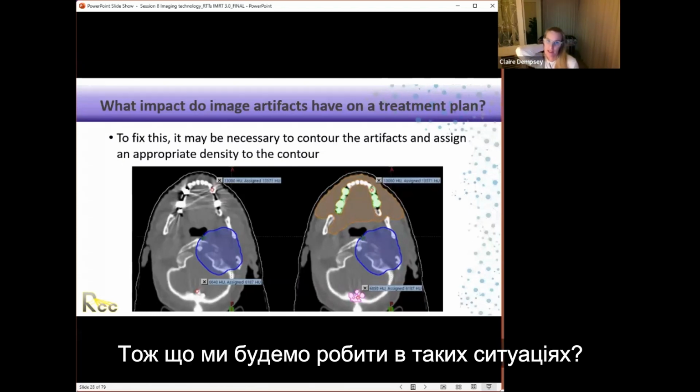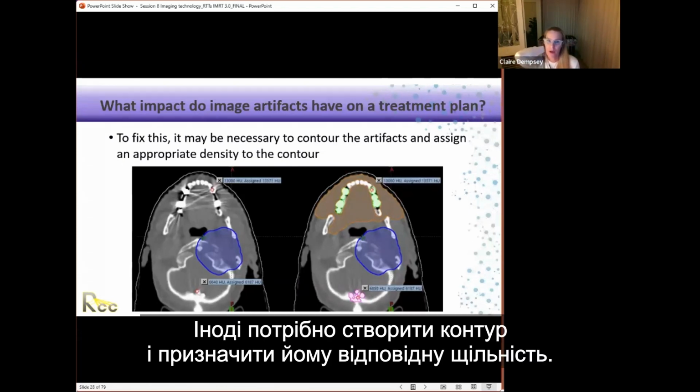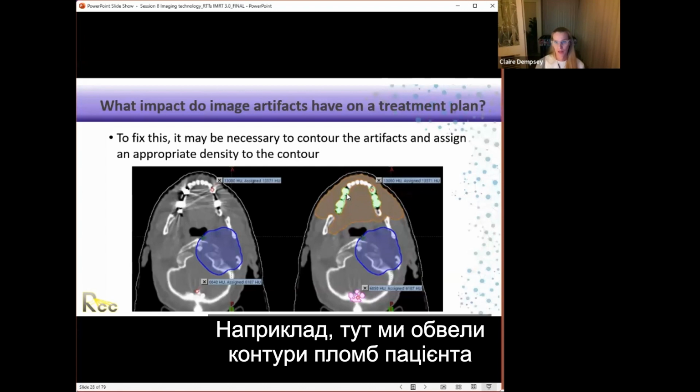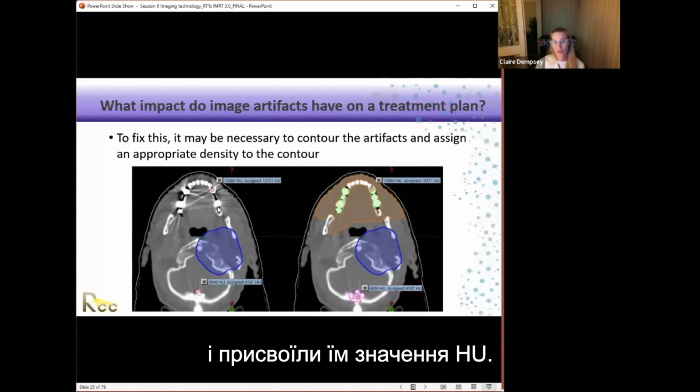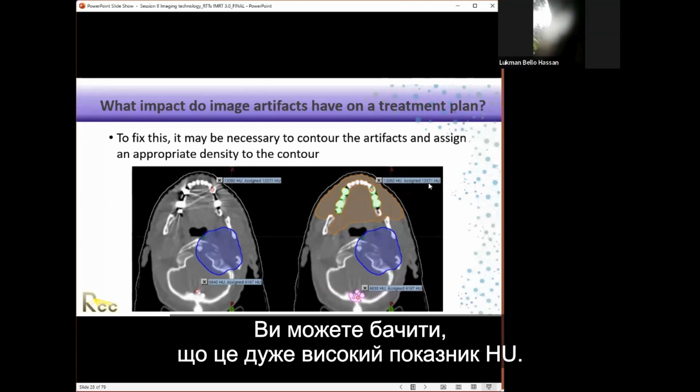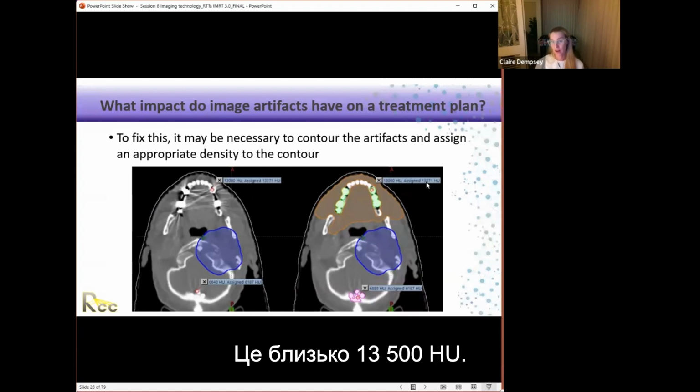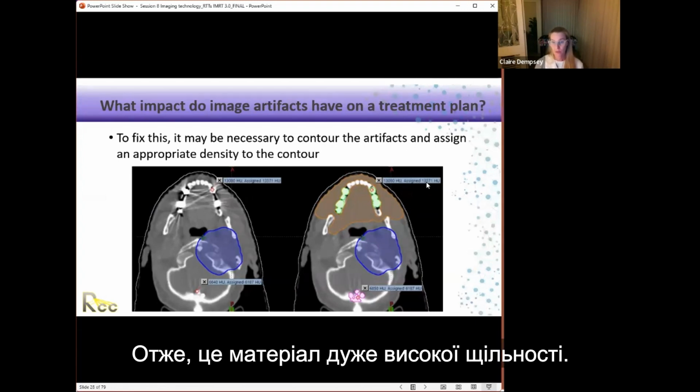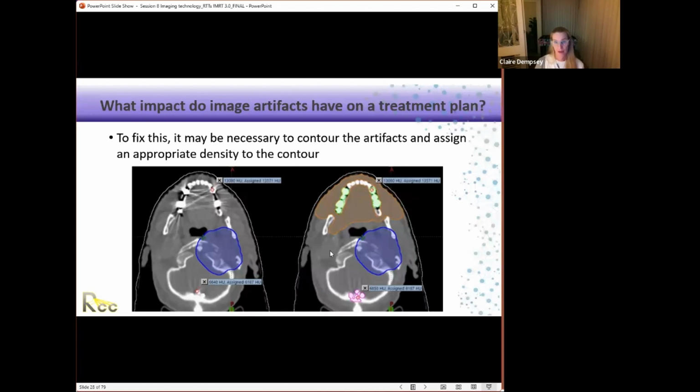So what would we do in these situations? Sometimes you have to create a contour and assign an appropriate density to the contour. For example, here we've contoured all the patient's fillings and assigned a HU value. You can see that this is a really high HU, like 13,500 HU, so it's a really high density material.